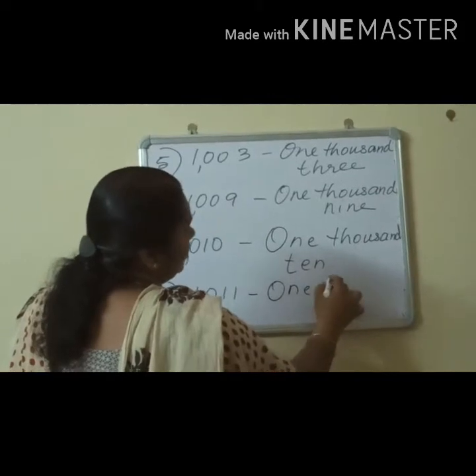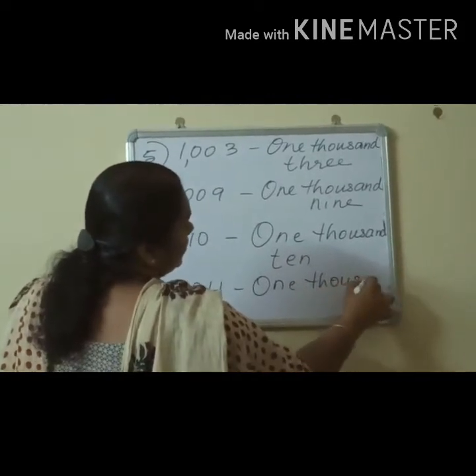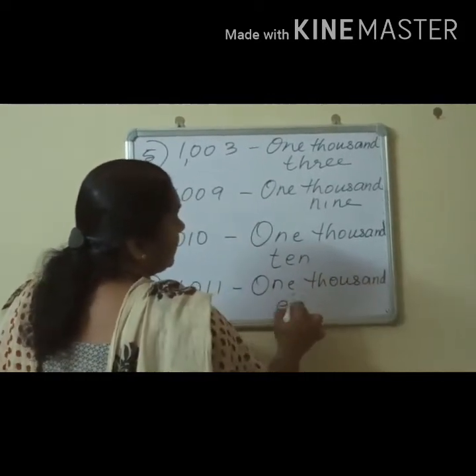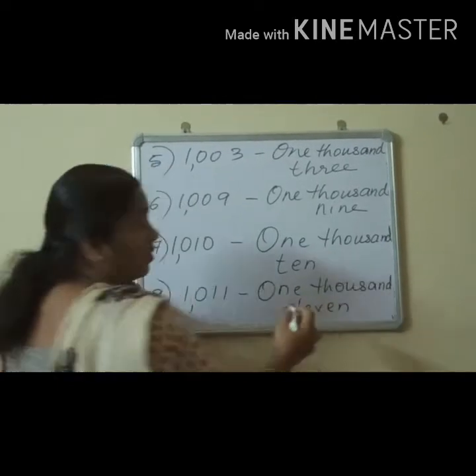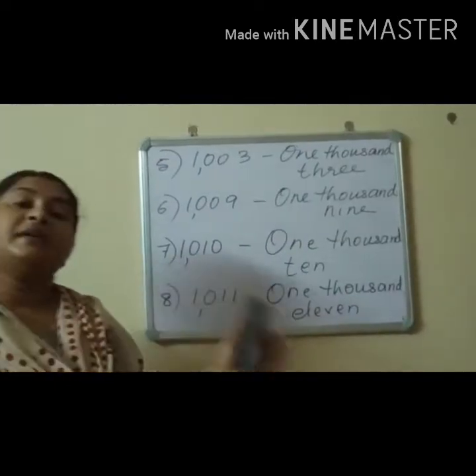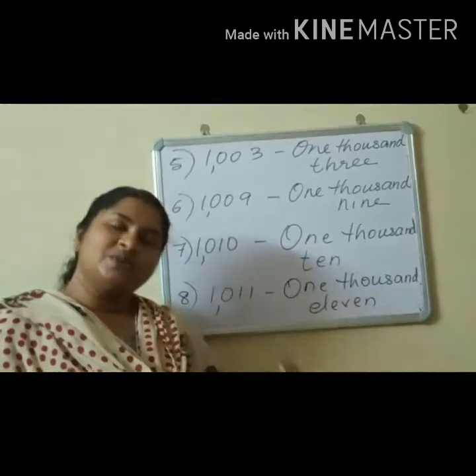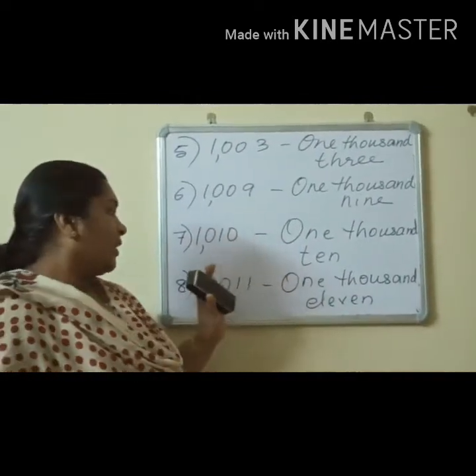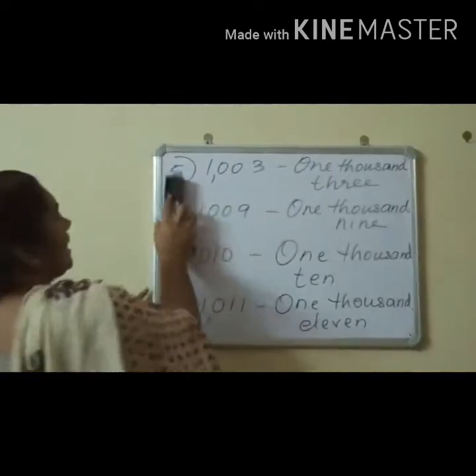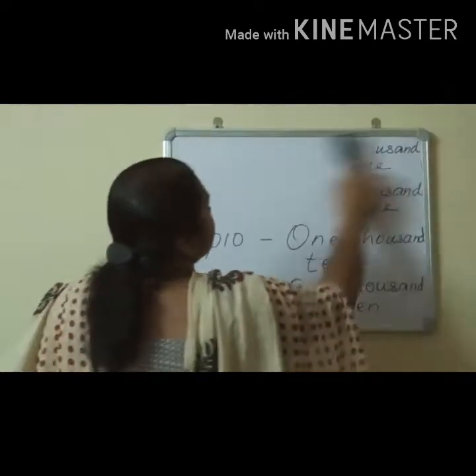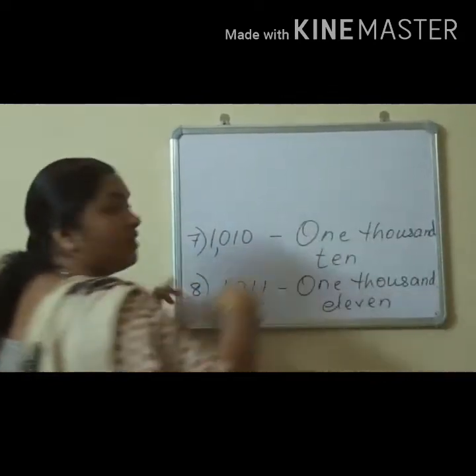Like this it goes. If you write all the numbers, it will take more time and the number never stops. It goes on like this. So let me skip to the next numbers and we'll write in the word form.